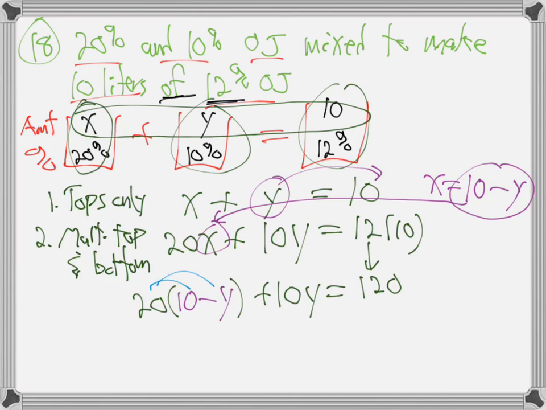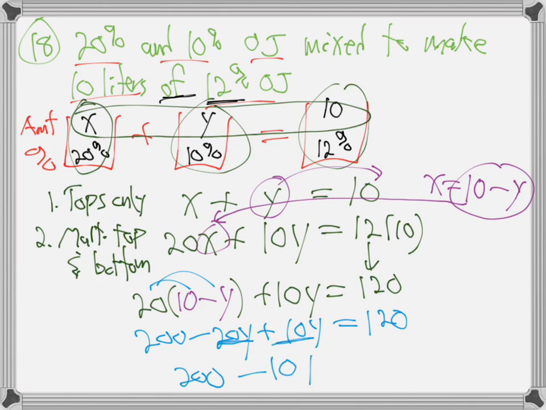And now we distribute. 200 minus 20y plus 10y is 120. 200 minus 20y plus 10y is minus 10y. Right, we good to there so far? And now, how do we get y alone?